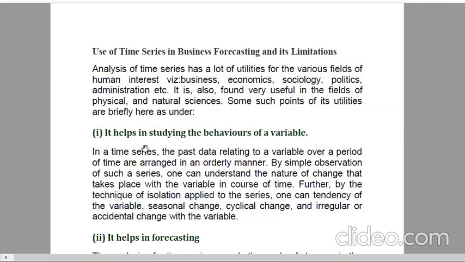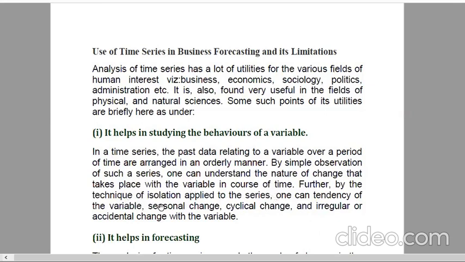So the first point is it helps in studying the behaviors of a variable. In a time series, the past data relating to a variable over a period of time are arranged in an orderly manner. As I told you, if you are listing data in order, that means in a sequence, that will be your time series. By simple observation of such a series, one can understand the nature of change that takes place with the variable in the course of time.